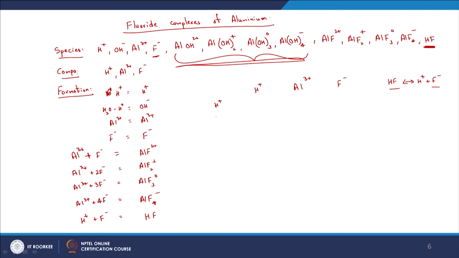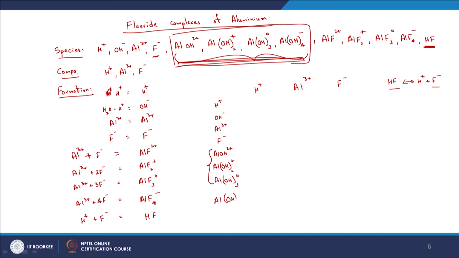Assume that we are already writing down these 4 aluminum hydroxide species, or let me list them for the sake of understanding, and so on.